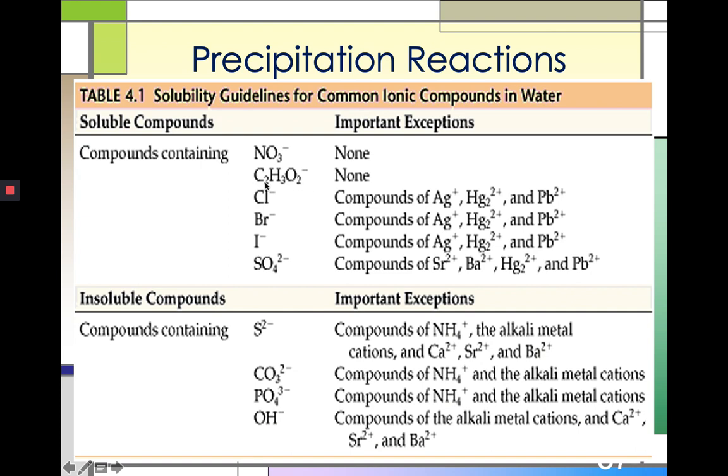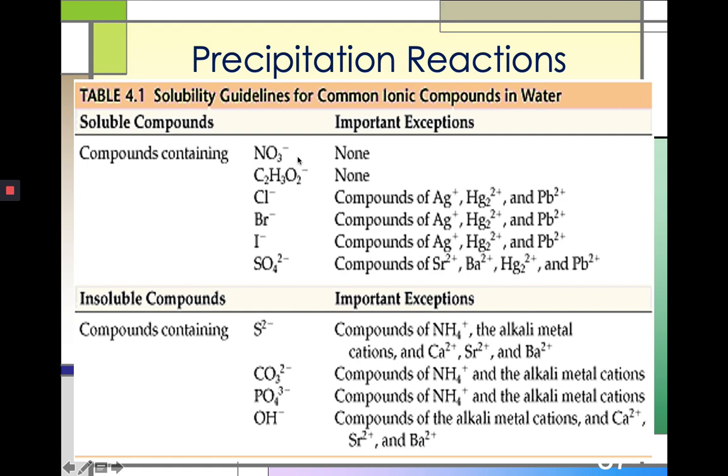As long as you see C2H3O2, they are usually soluble in water and do not form precipitates. Take note that compounds that are soluble in water do not form precipitates. Compounds containing these ions, except for their exceptions, do not generally form precipitates.